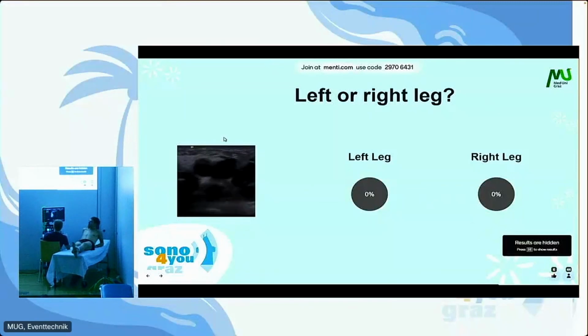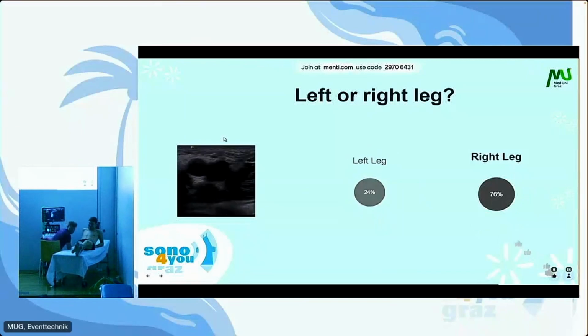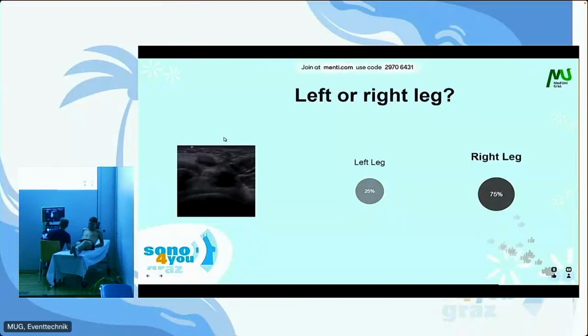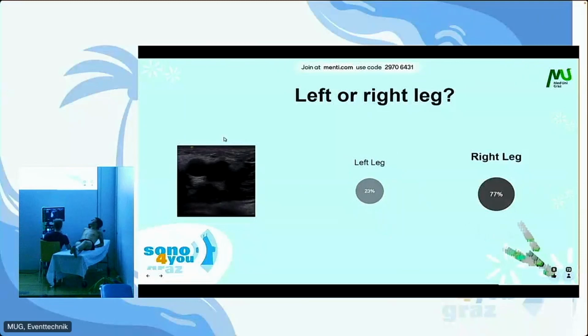So we are at the height of the great saphenous vein, and we're doing compression ultrasound. So is it the right leg or the left leg? It's the right leg. How do you know that? Any comments? Why did you choose right leg?